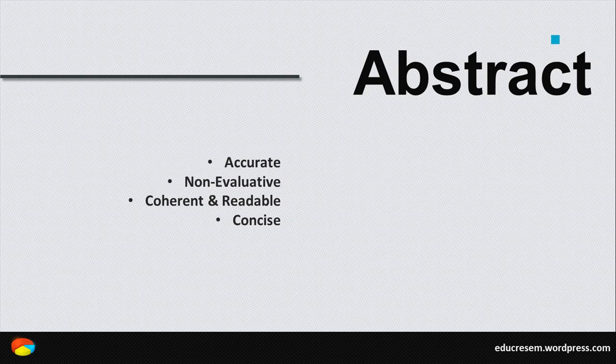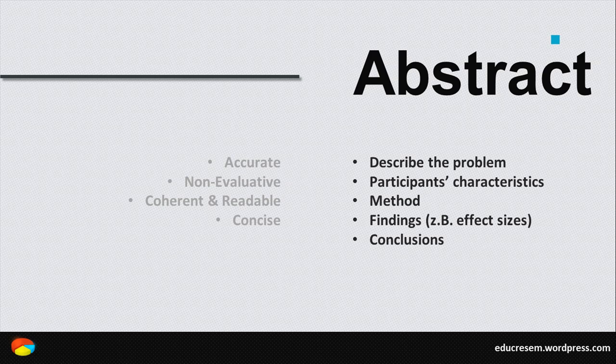If you're writing an empirical study, then the abstract should describe the problem under investigation, if possible in one sentence, the participants and their characteristics like age, sex, racial group if that applies, some essential features of the method you have used, and some basic findings, including, for example, effect sizes.